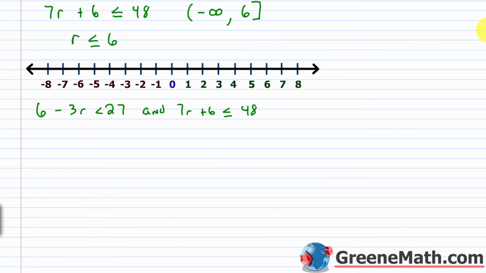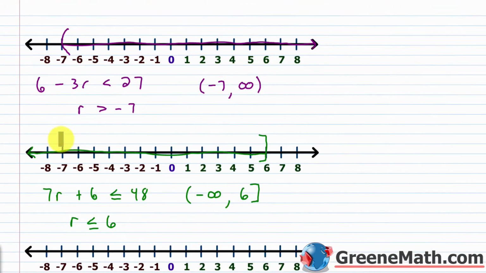You can write that as a 3-part inequality where you say r is greater than -7 and r is also less than or equal to 6. In interval notation, I would write this with a -7 next to a parenthesis to say -7 is not included. And then comma, you have a 6, which is included, so that gets a bracket.